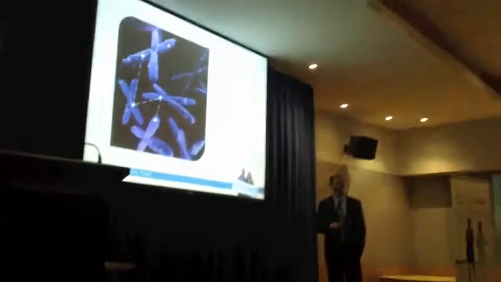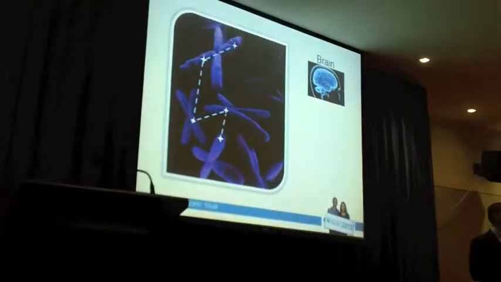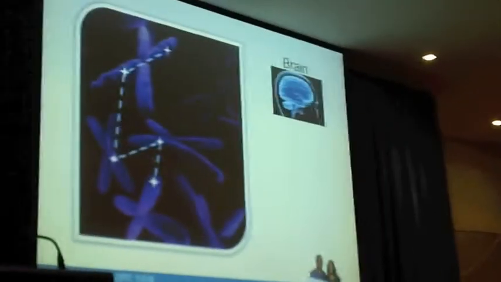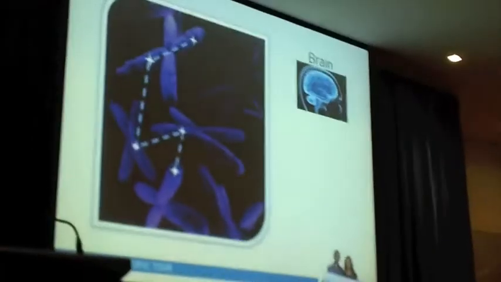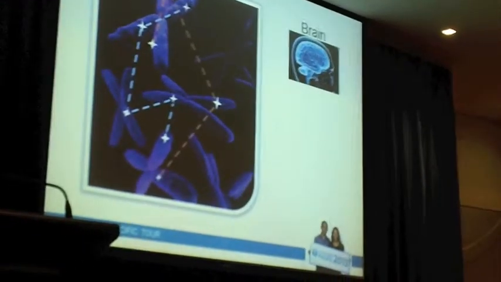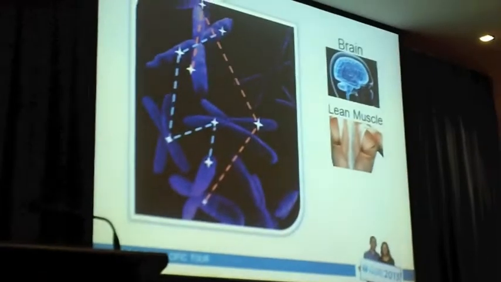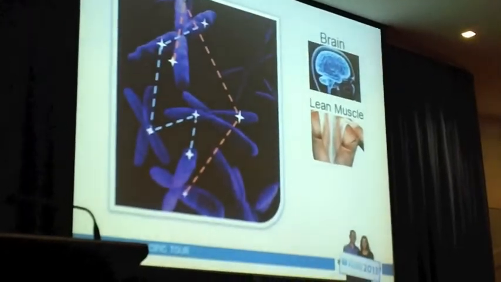So we're going to identify groups of genes. We knew we were going to be interested in some genes in the way they express in the brain. The brain is going to be responsible for appetite and mood, and that is certainly an important component of the weight gain problem. We were going to be interested in genes in muscle tissue. Muscle tissue is actually very, very important to the weight loss issue.